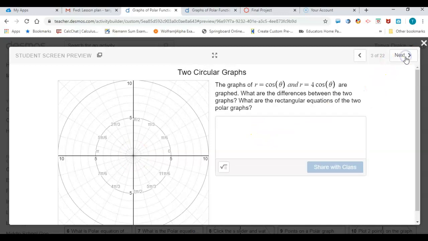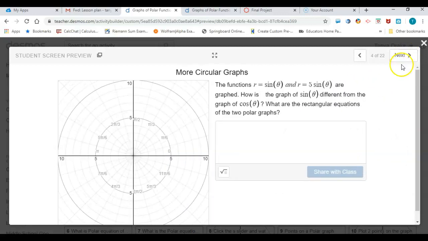All right, next page. Next, I show them a graph using cosine theta and 4 cosine theta so that they can see the differences between the two, where cosine theta just has a radius of 1, and 4 cosine theta has a radius of 4. I want them to see that it is on the right and on the left sides.